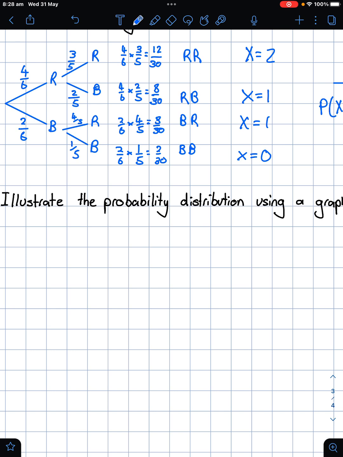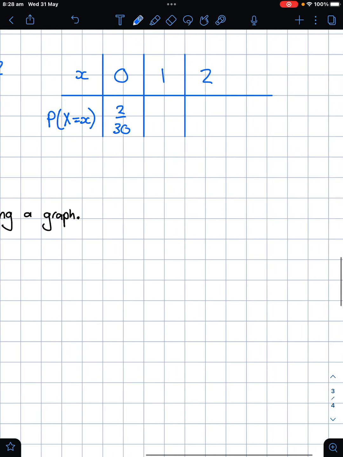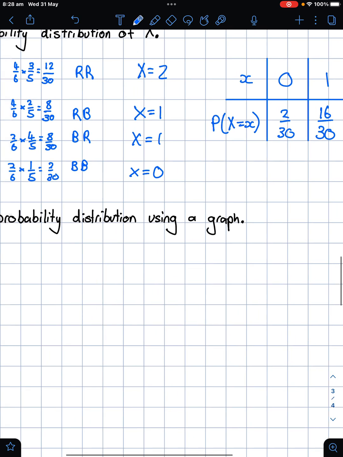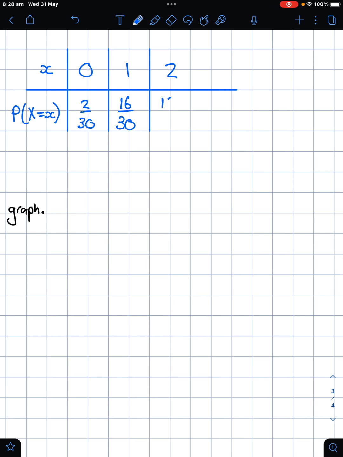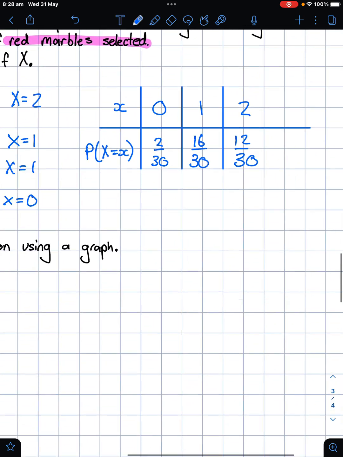That does not. Okay, so my error here is 2 over 4. That's 8 there. Right, that makes sense now. So this is going to be 16 over 30. And then our next one here is our top one, which is if we got 2, it's 12 over 30. So just poor notation there that I didn't read that number right. So now we've got our probability distribution.